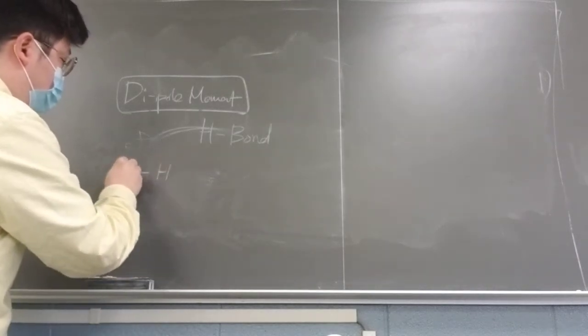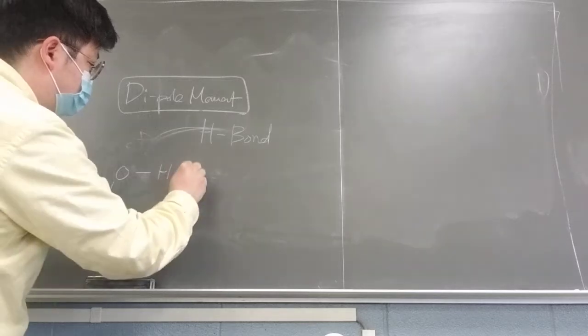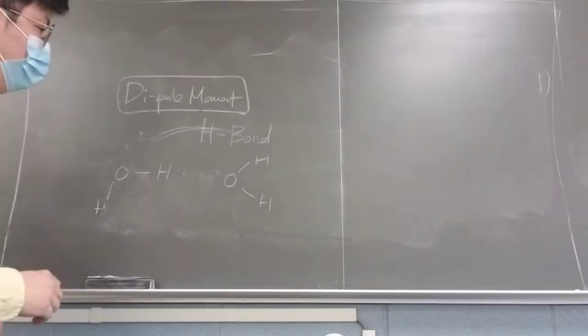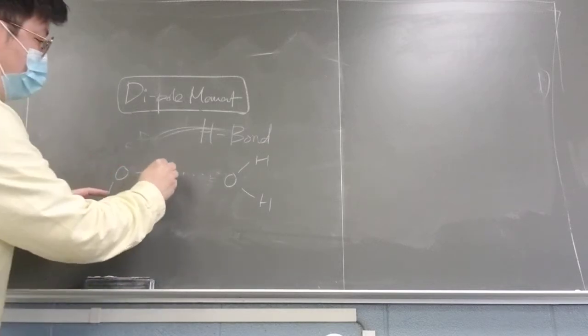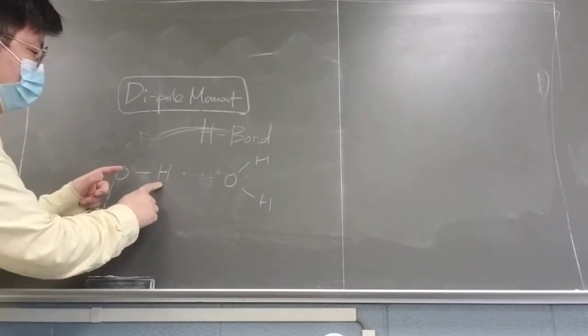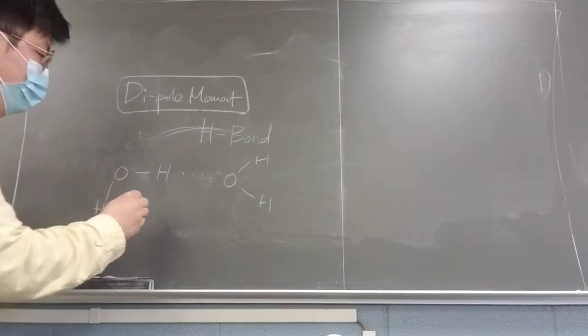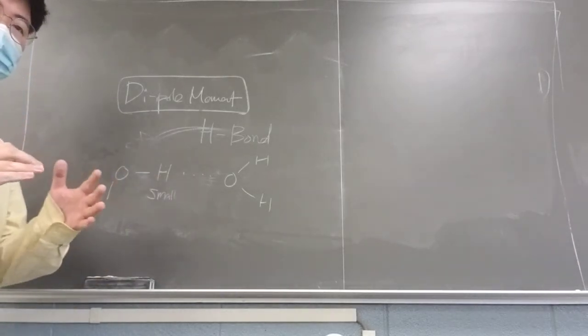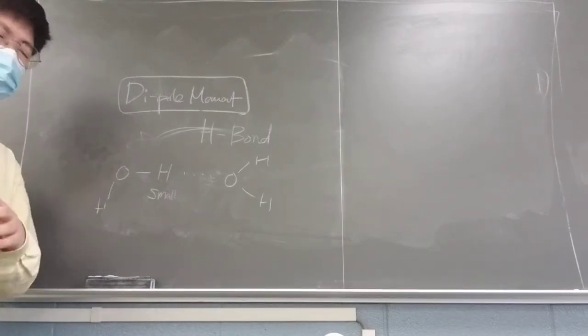If you think about the hydrogen over here, if you look at the hydrogen on the periodic table, obviously it's very small, right? And electronegativity wise, it's also relatively quite low.